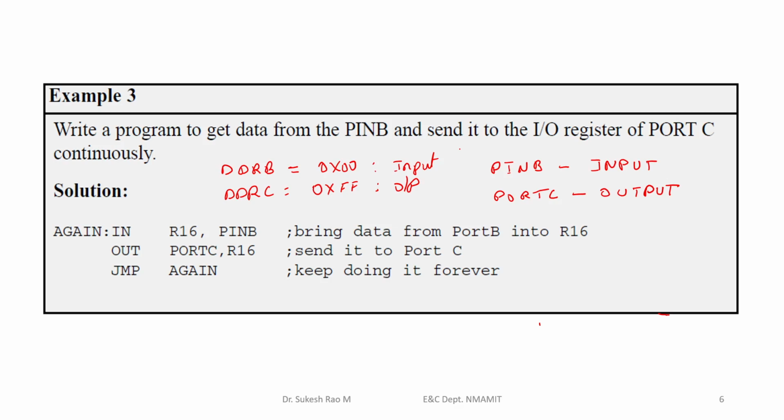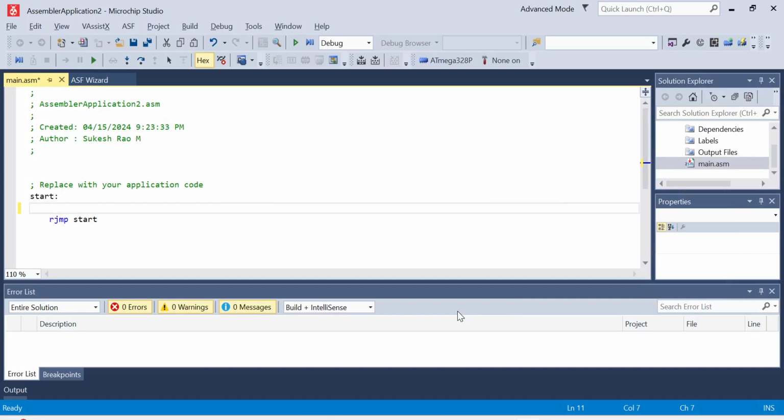So let me go back to the tool here. I cannot move the value directly, so I should move it to a register. So I will use the LDI instruction. Let me turn on the caps lock, this looks better. I will use the R16 register to load the value.